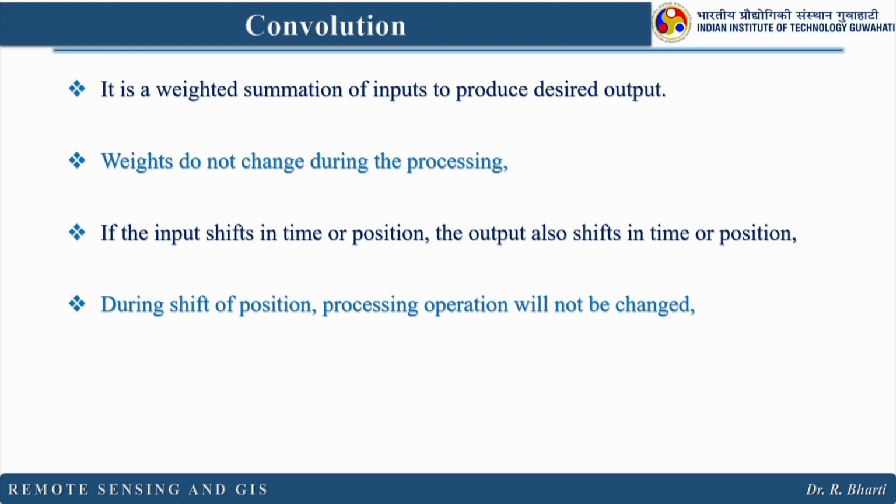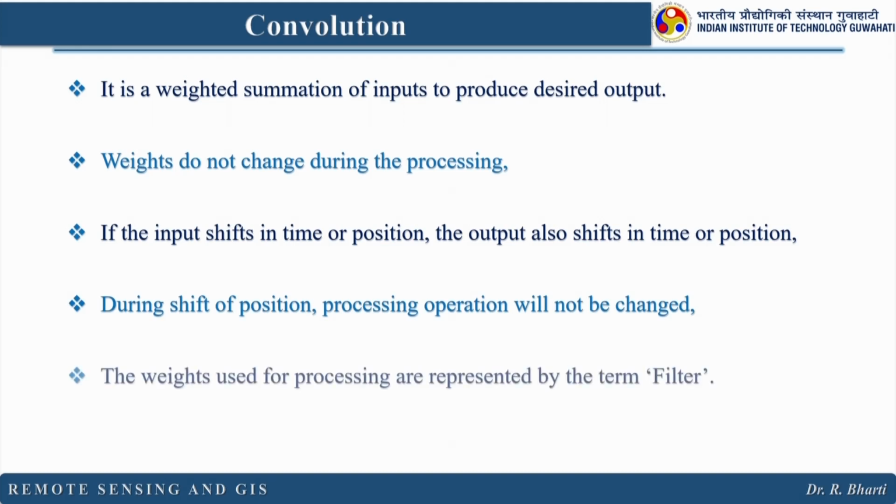Whatever logic you are using, let us assume averaging, you should not change to any other logic for this particular image during this processing. Your logic will remain constant and you will move one by one to all the pixels and calculate the new values, and the older values will be replaced with the newly calculated values.